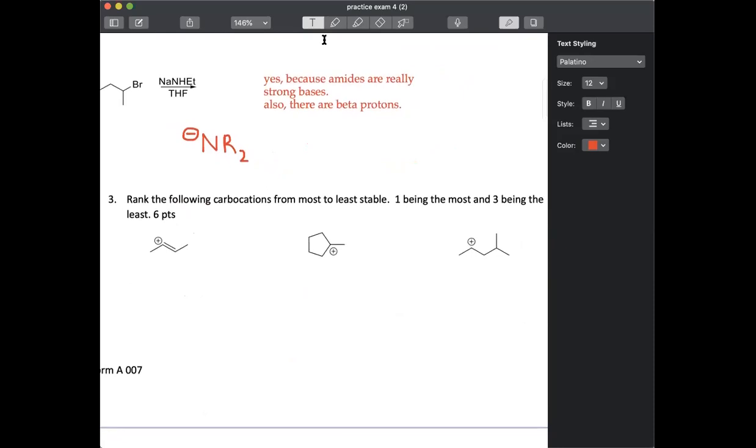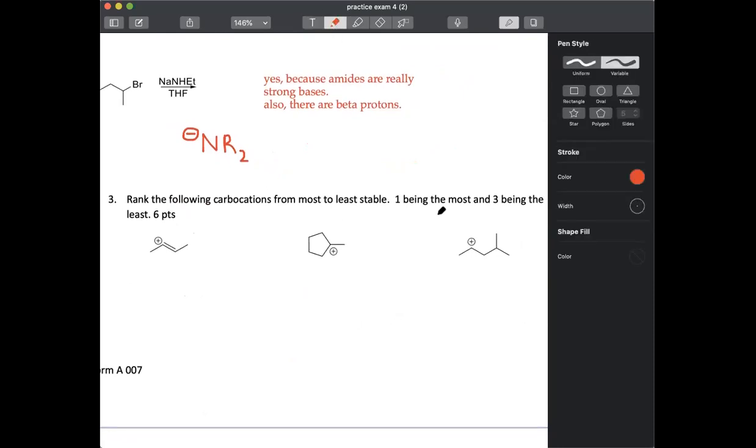Ranking carbocation stability. So one is the most stable. What is the most stable? Yeah. Nice. Yeah, the middle one. Right. So same thing here. You look at the more substituted carbocation. In this case, tertiary. So it's the most stable.